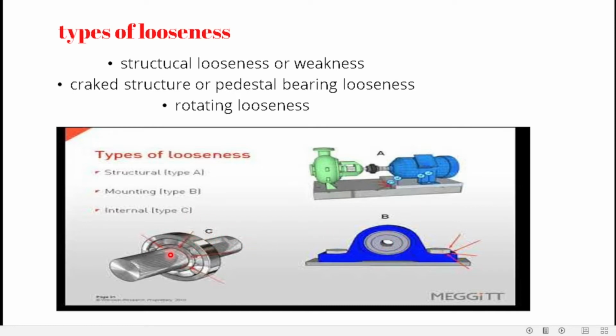This is when you see shaft wear or a broken bearing, or anything that happens between the bearing and shaft, or shaft housing, or sleeve of the bearing. So we have three types of this looseness.